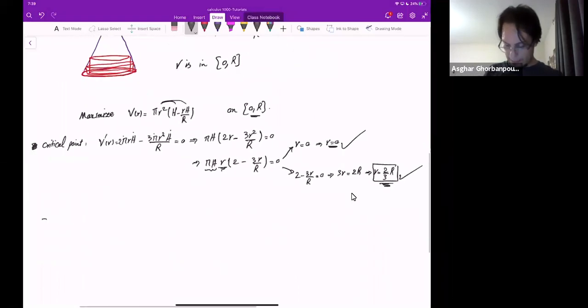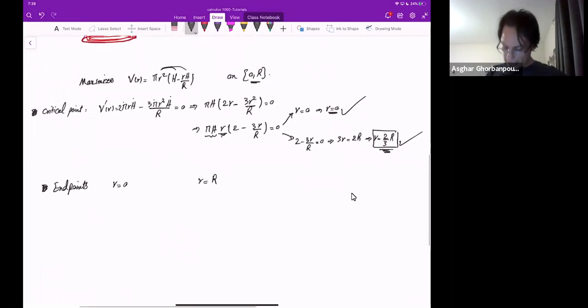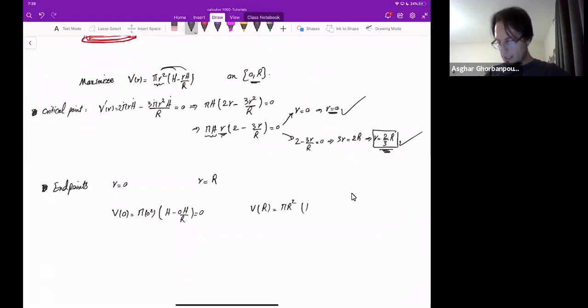Then the endpoints: when r is 0, when r is capital R. Now, plug in everything there. So V at 0, if I use this formula, you see that this is pi times 0 squared times h minus 0 times h over R. This is 0. V at capital R is pi R squared times (h minus R h over R). These two cancel, h minus h, this piece here is 0, so this will be 0.